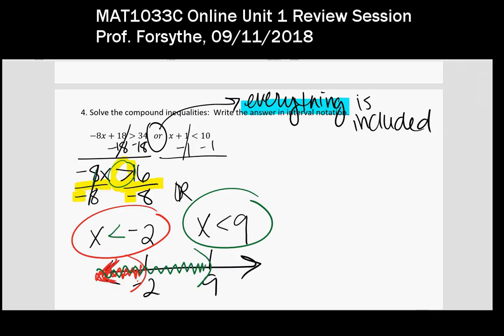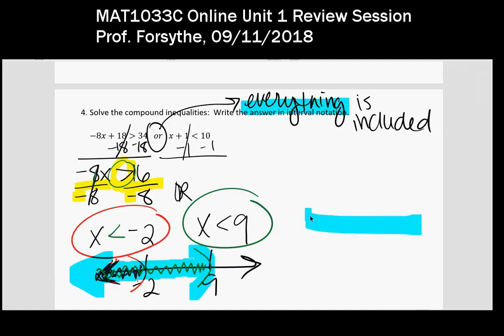So it doesn't have to overlap. So we include this in our solution and all of this in our solution. And the neat thing with this is that the green shading for x is less than 9 includes x is less than -2. Okay? So this blue that I highlighted is your solution on a number line.